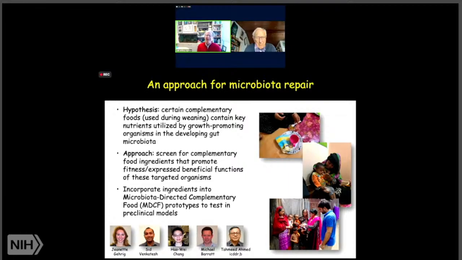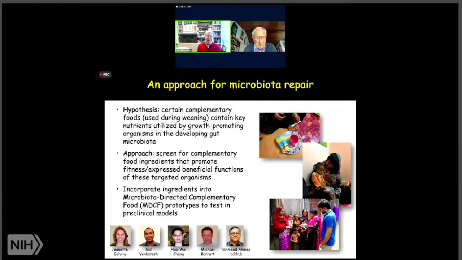Decisions that currently are based on policies that are not predicated on knowledge or consideration of the developmental biology of the microbiota.